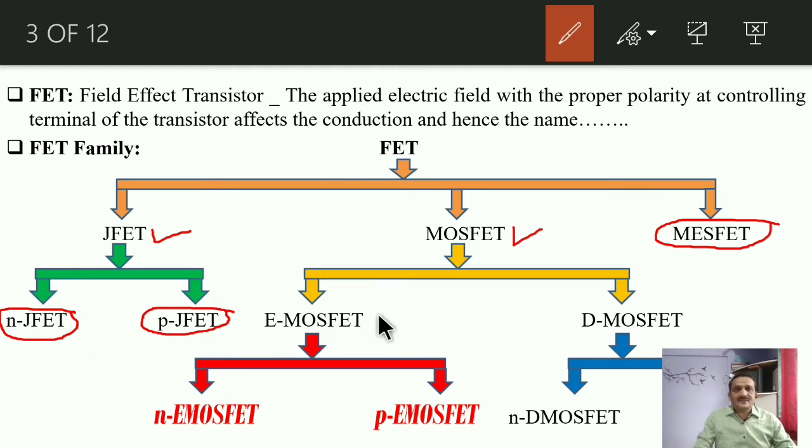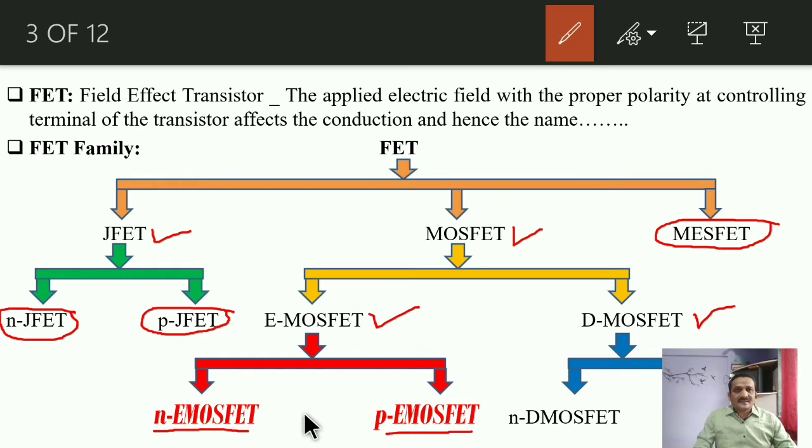Next is MOSFET. MOSFET is divided into two subtypes, E MOSFET and D MOSFET. E stands for enhancement type and D stands for depletion type. There is no D MOSFET in your syllabus, only E MOSFET and its respective applications. The E MOSFET is again divided into N channel E MOSFET and P channel E MOSFET.